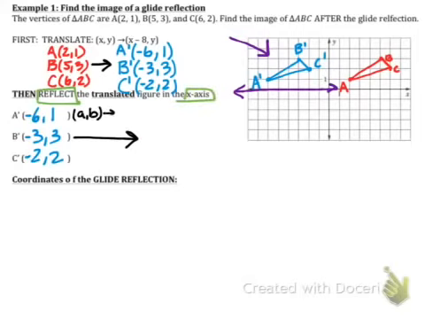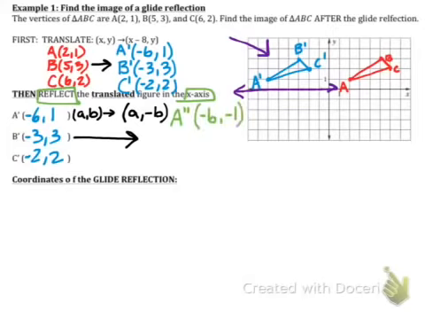The only thing I'm going to be changing is the y-coordinate. So again, that negative b is really called opposite b. Then A double prime, B double prime, C double prime will look as follows.